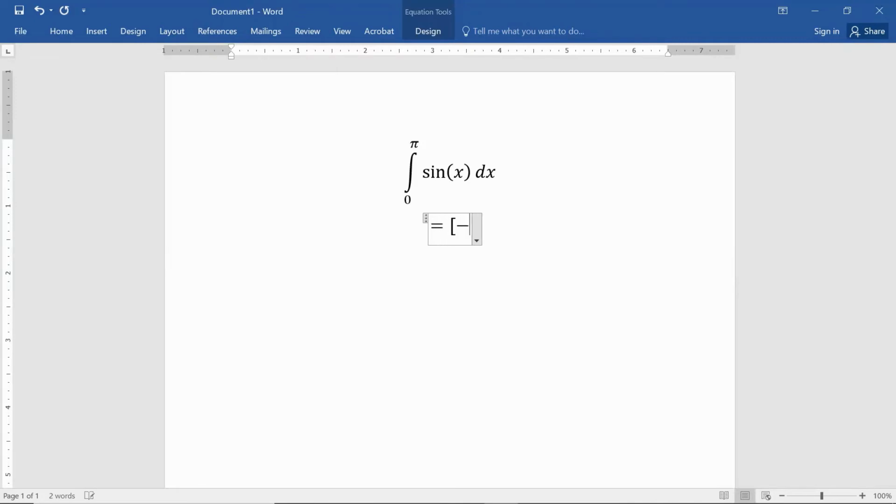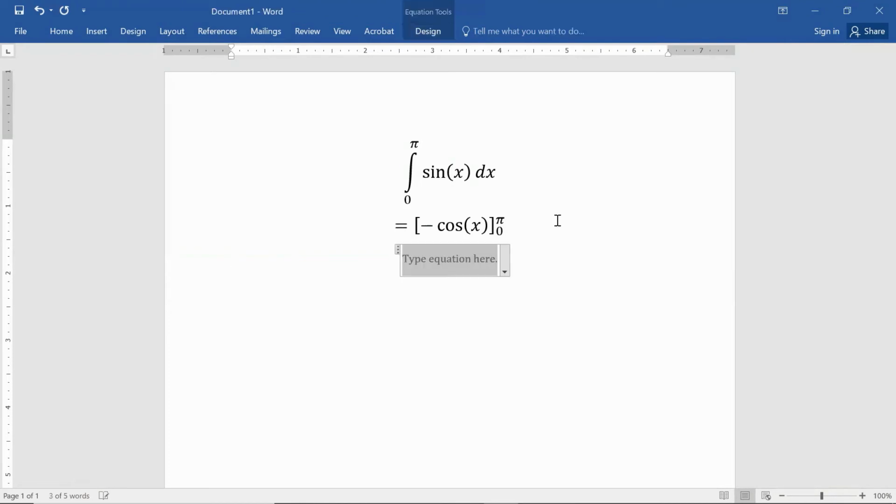Now, the antiderivative of sine of x, or at least one of them, is negative cosine of x plus any constant that we want. Obviously, I'm going to once again choose a constant of 0 because that makes my life a little bit easier. We are integrating from 0 to pi. This looks a little bit awkward in my typing, but hopefully that makes sense.